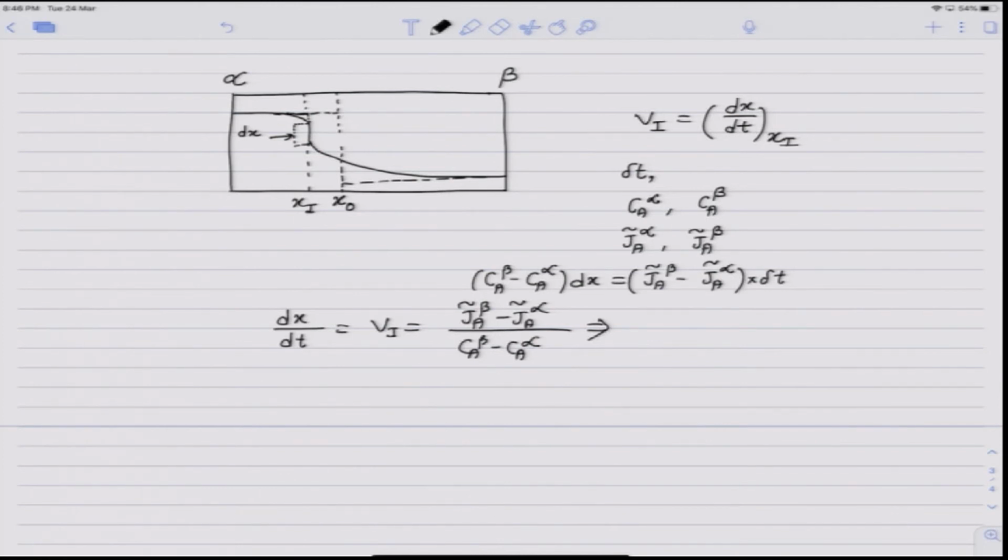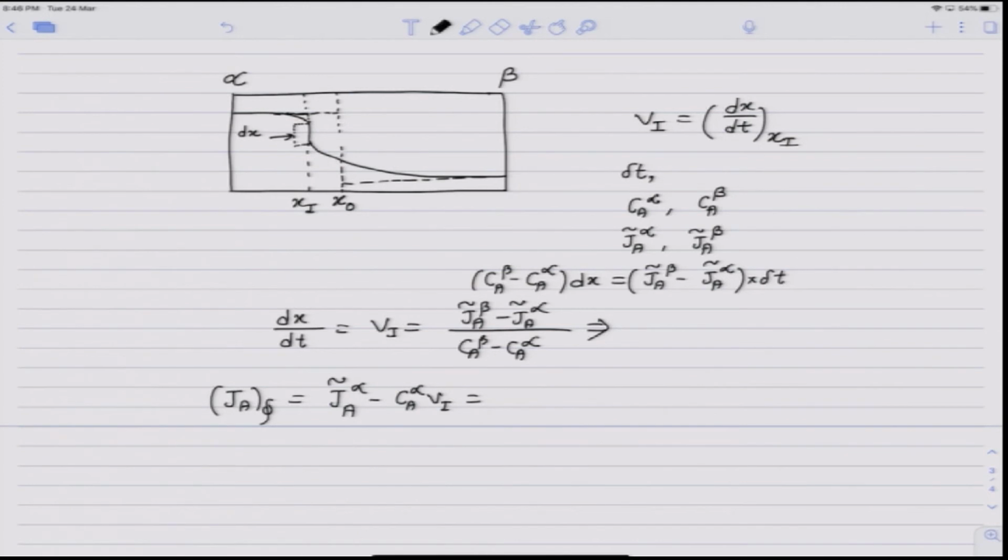Since the frame of reference is fixed to this interface, the flux in that frame of reference, let us call it J_A^φ, should be equal to the interdiffusion flux J̃_A. If I consider the alpha phase, J̃_A^α minus C_A^α times the interface velocity.